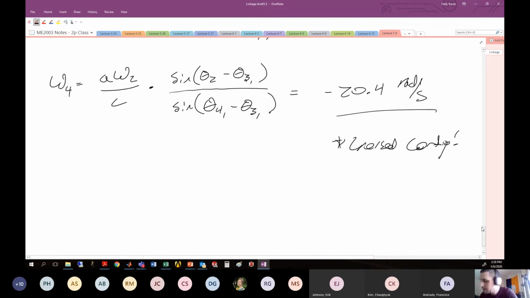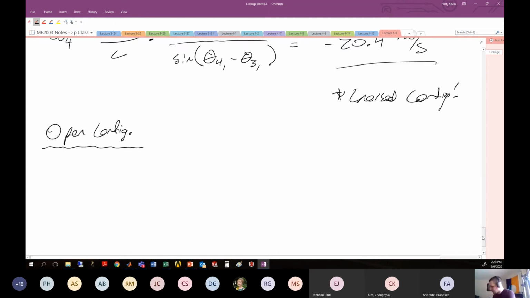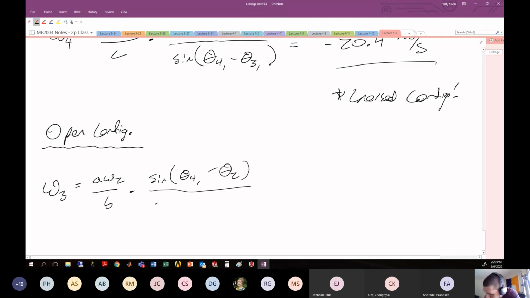All right, now the open configuration. Same idea. Here omega 3 is equal to A omega 2 on B times, a little bit different now, sine theta 4,1 minus theta 2 all over sine theta 3,1.